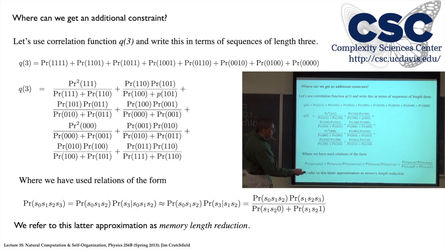When I go from this step to this step, I forget that there's a history of 3 here, and I approximate it by a history of 2. At this point I'm essentially invoking a Markov approximation. I'm forgetting that I could have a longer memory. And when I do that, I now get the probability of sequences of length 3.